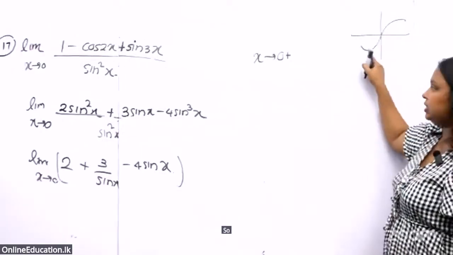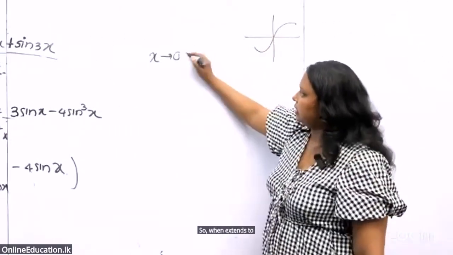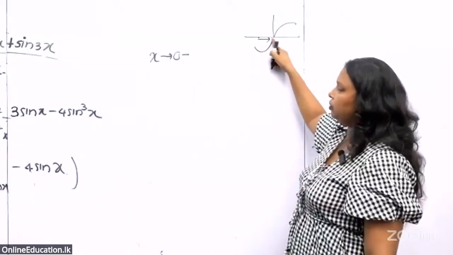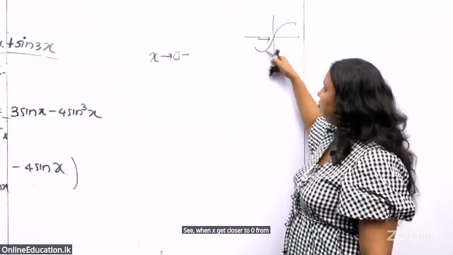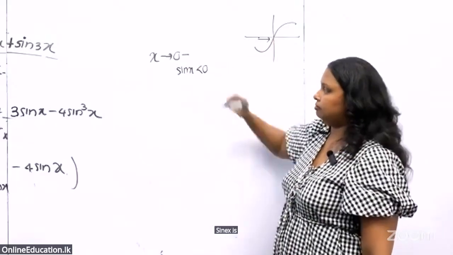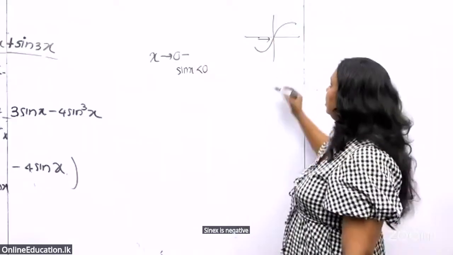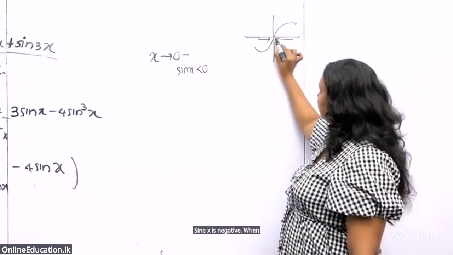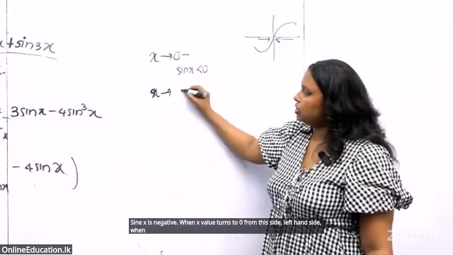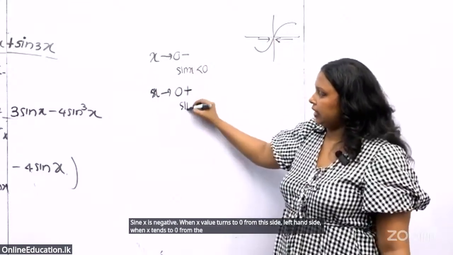When x gets closer to 0 from the minus side, sin values are negative. When x tends to 0 from the positive side, sin x is positive.